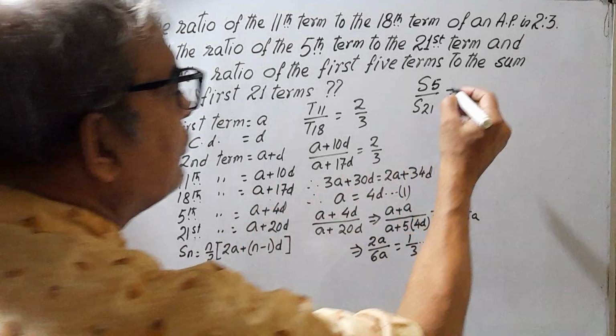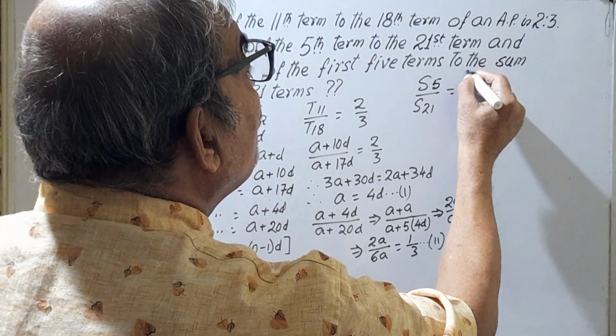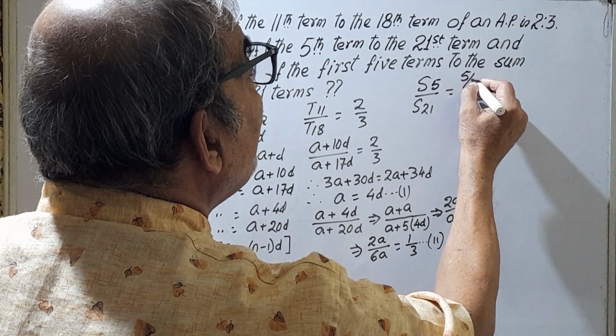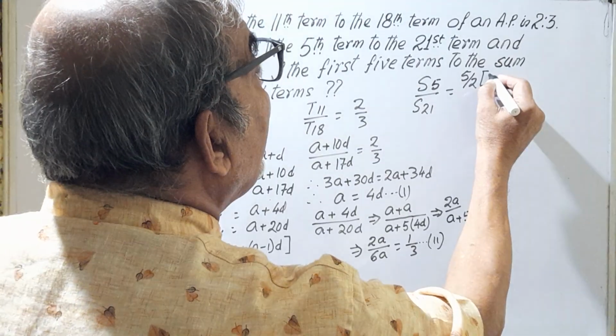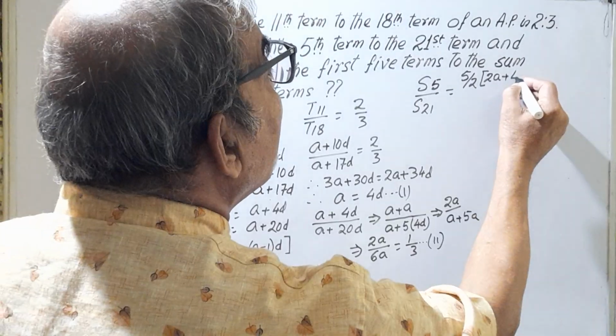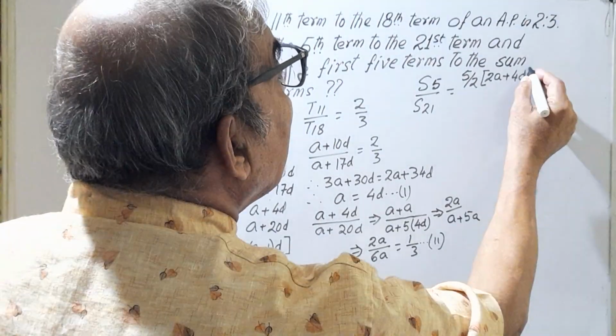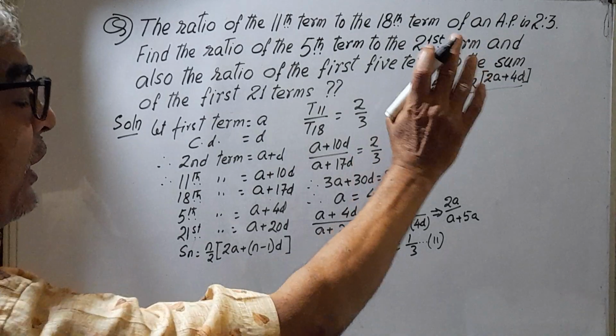So you write here 5 by 2 and 2a plus 4d. I have already explained how it is 4d.